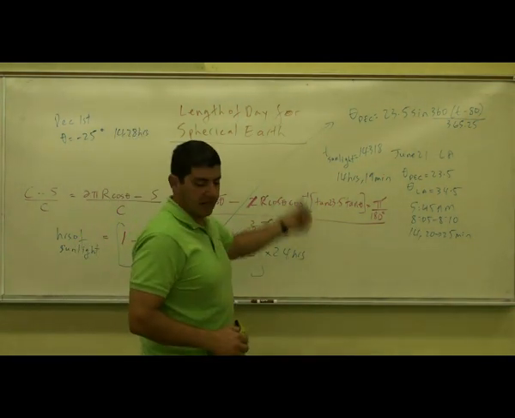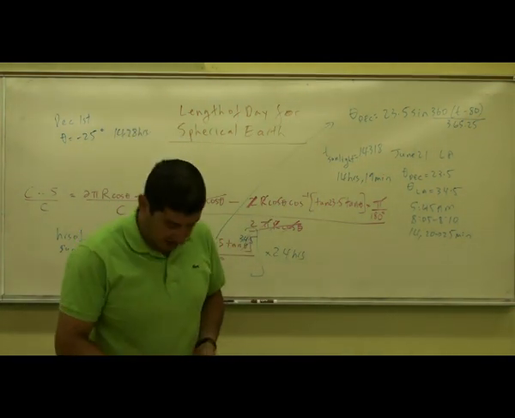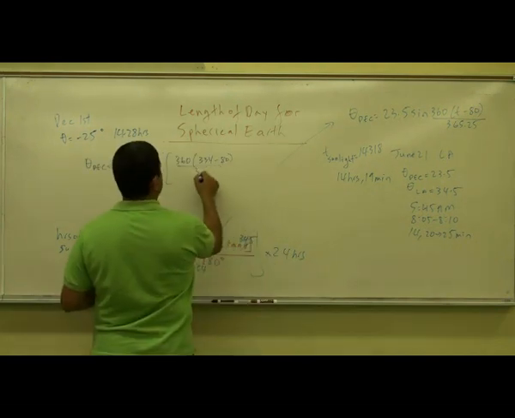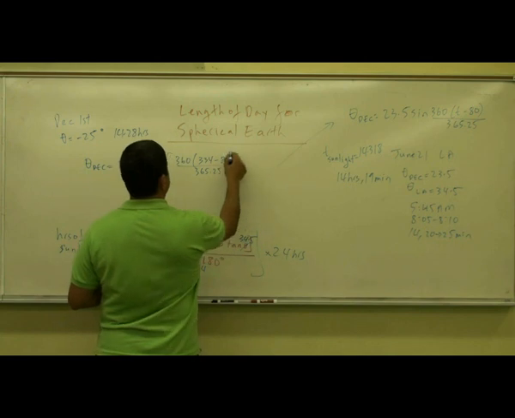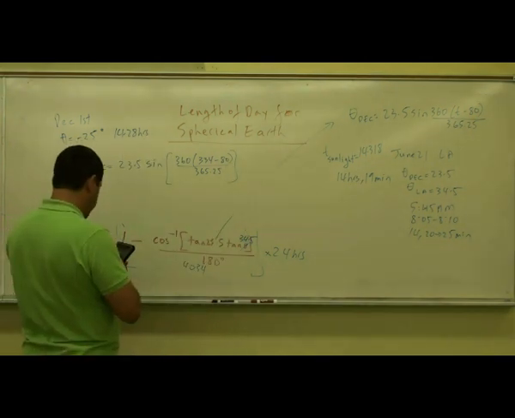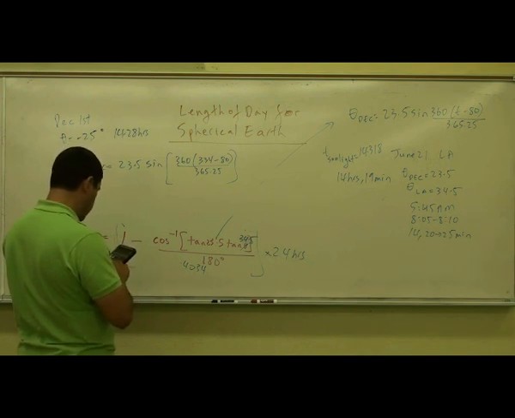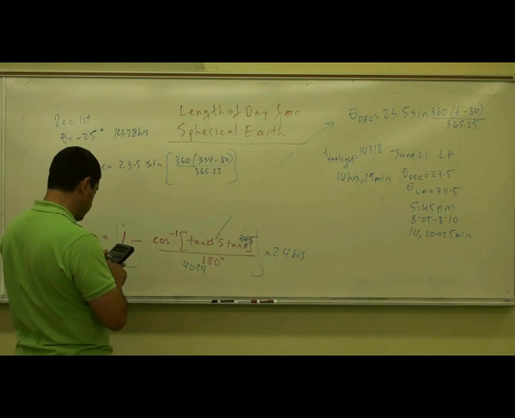So we have to first calculate what the declination angle of the sun is on that day. 360 times 334 minus 80, divided by 365.25.